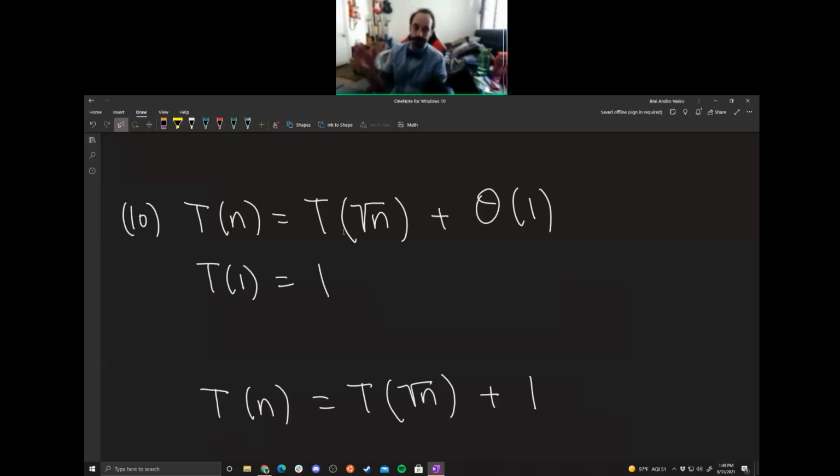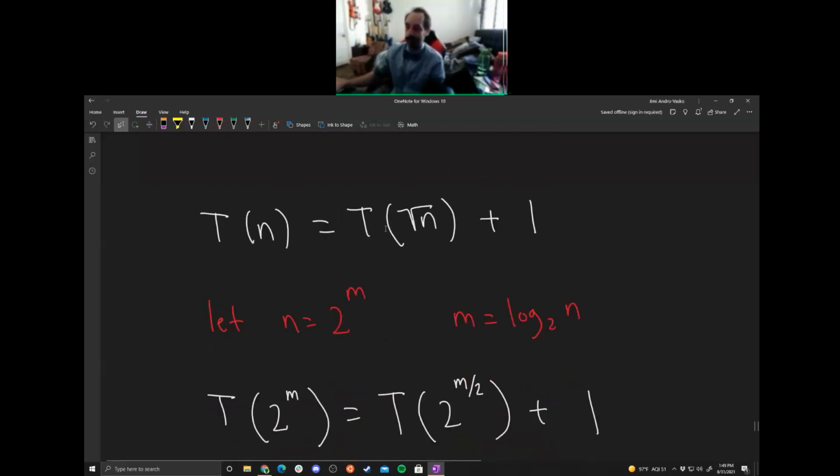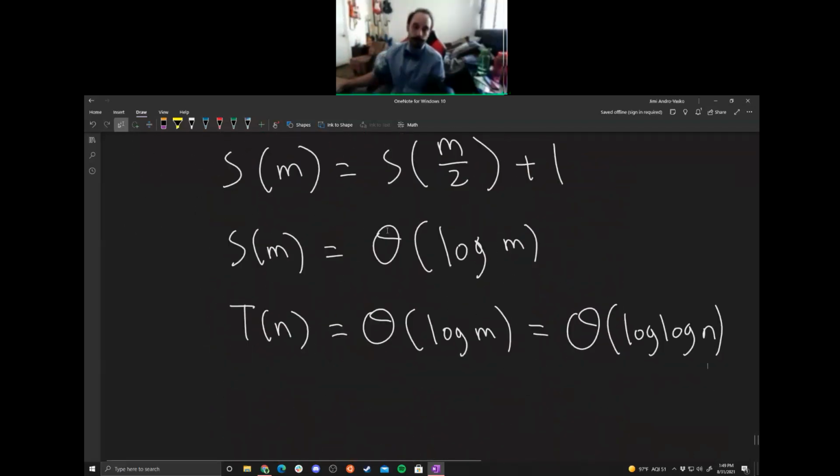But root of n is going to decrease at a faster rate than dividing by 2. So this recurrence is not square root of n. It's decreasing at a faster rate than log of n. And in fact, it's going to be log of n, which has a slower growth rate than log of n.